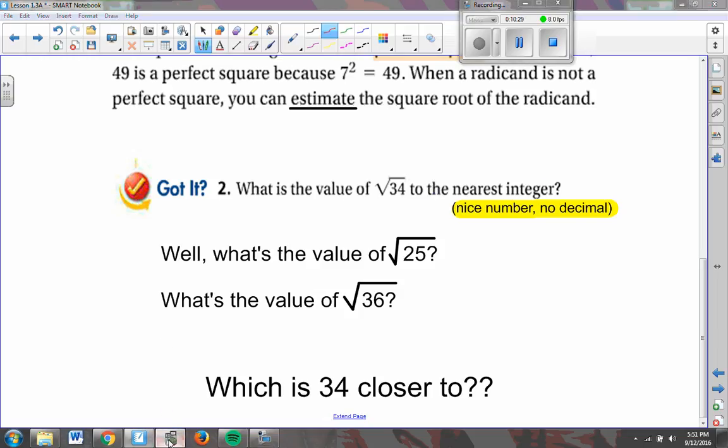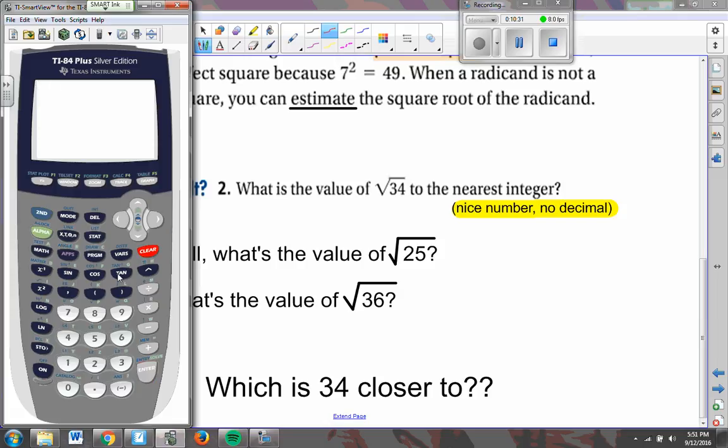If I look at my calculator, the square root of 34 is not a nice number. It's a random decimal, 5.8 something.